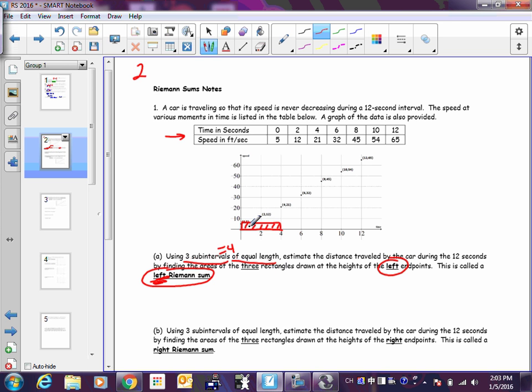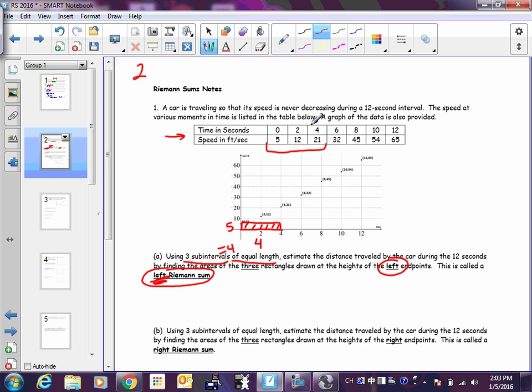Okay, the area of that rectangle is what tells me what the distance traveled is. So we need to know the 2 dimensions. The base is 4, which I already knew, that's our subinterval. What's the height of this rectangle? 5. Okay. Now let's look at this up at the table because again we're going to have to eventually get used to just doing this only using the table.